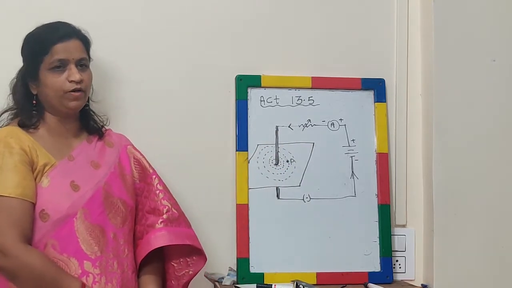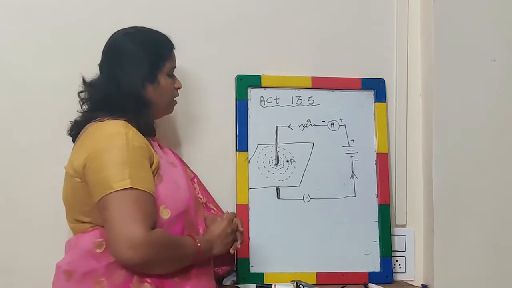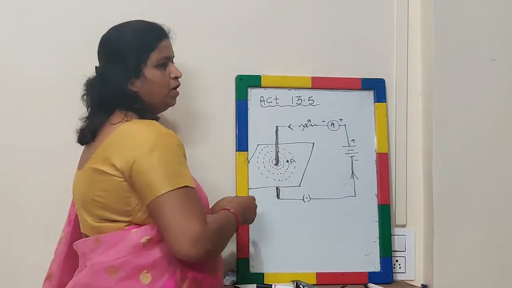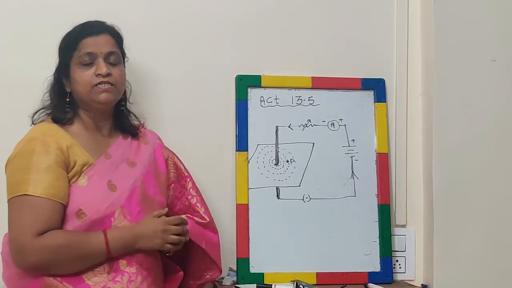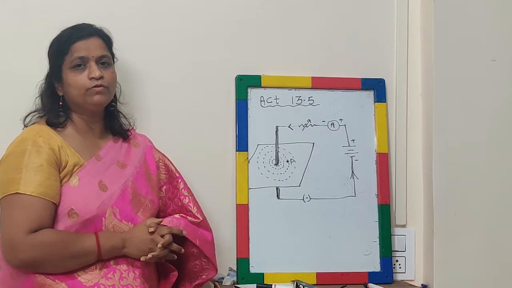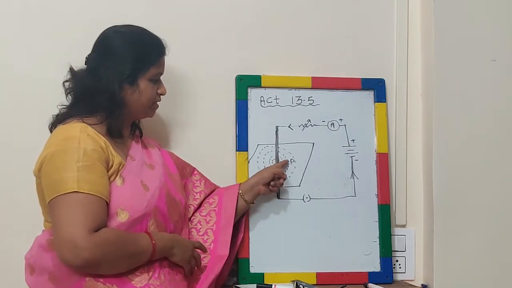Now next, what are we going to do? We are going to see what will happen if we change the direction of current, or if we change the position of this compass.